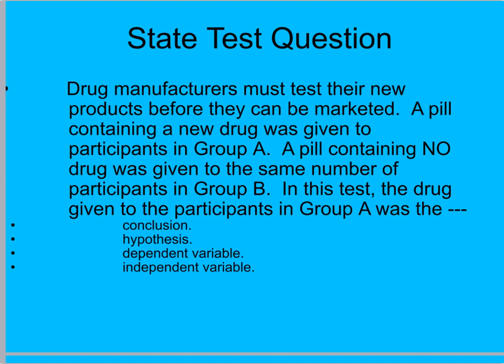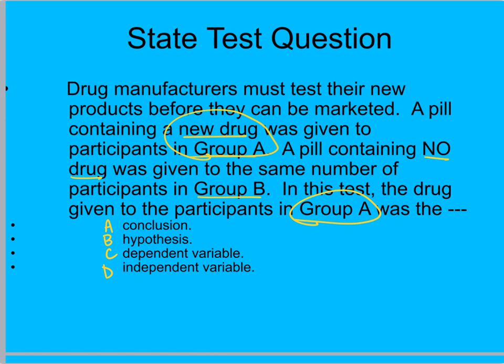So, drug manufacturers must test their new products before they can be marketed. A pill containing a new drug was given to Group A, and a pill containing no drug was given to the same number of participants in Group B. In this test, the group given to participants in Group A, the new drug, was it a conclusion, a hypothesis, the dependent variable, or independent variable?